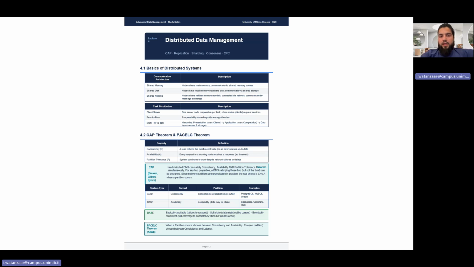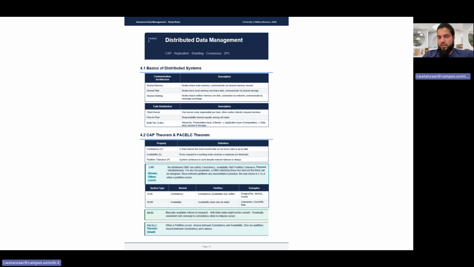Okay, so the PACELC theorem is an extension of the CAP theorem. The PACELC theorem is basically developed on the basis of the CAP theorem. The CAP theorem was presented by Brewer, Gilbert, and Lynch, and this one is presented by Abadi. Okay, so here they are mentioning further steps.